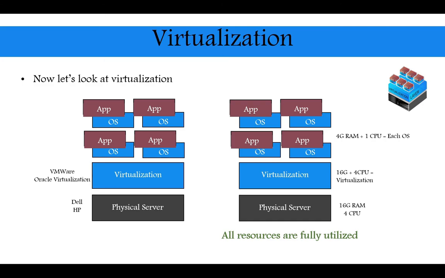One more thing. Remember those days when you had one physical server and one operating system, and then people came up with another idea: split the disk in half and do a dual boot. One partition would run, let's say, Linux, and one partition would run Windows. But the problem with that is you could run only one operating system at a time.